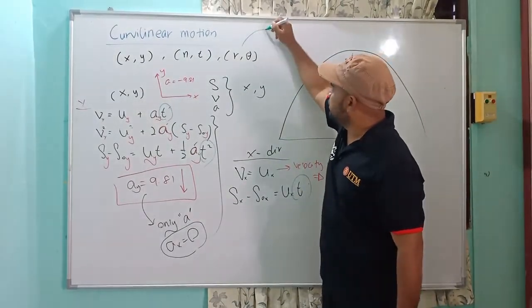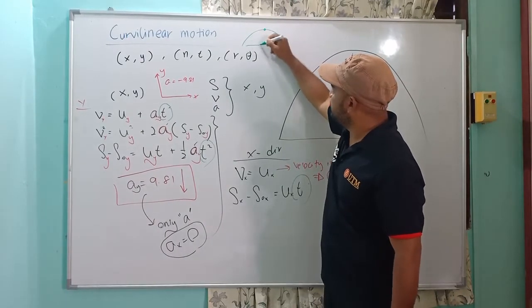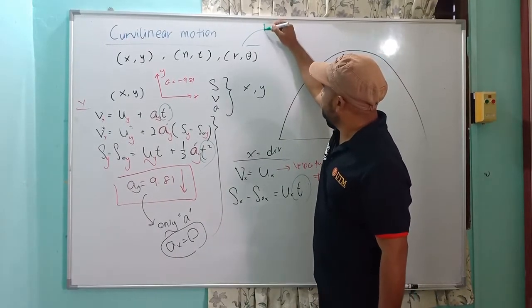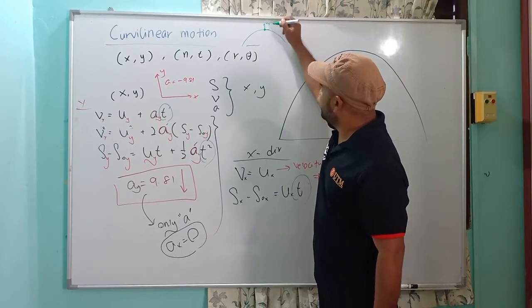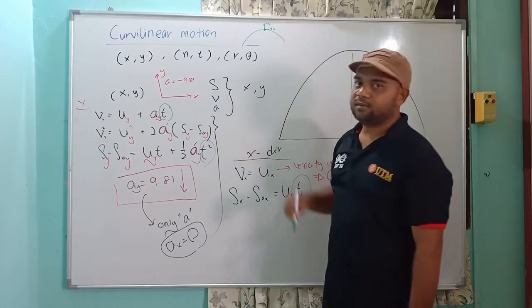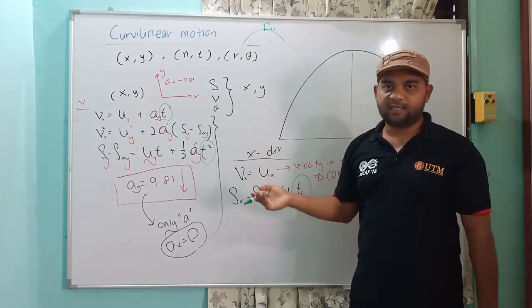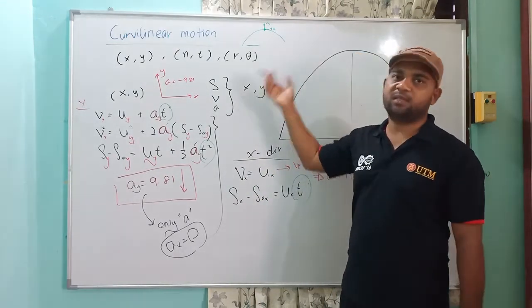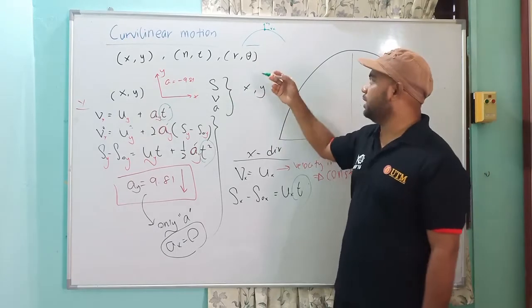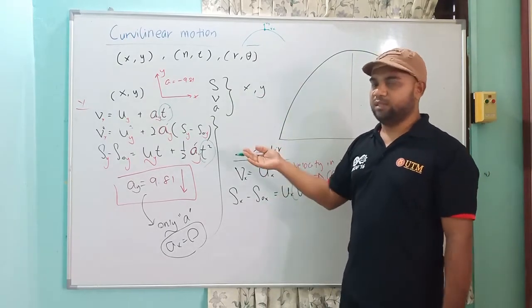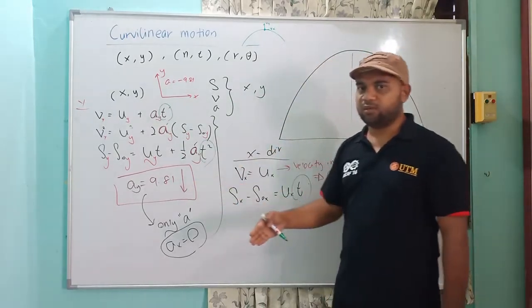Let's say we have vy and vx. There is no link between velocity in the y and x directions, because vx is already constant. Vy you have to calculate, and ax equals 0.